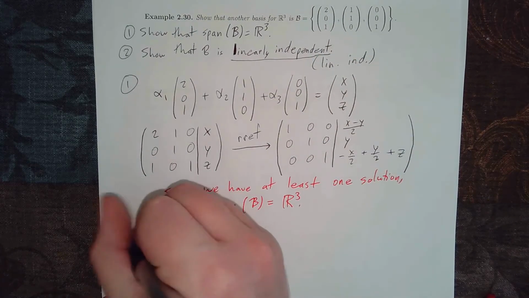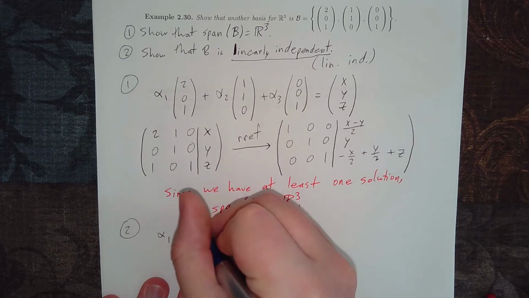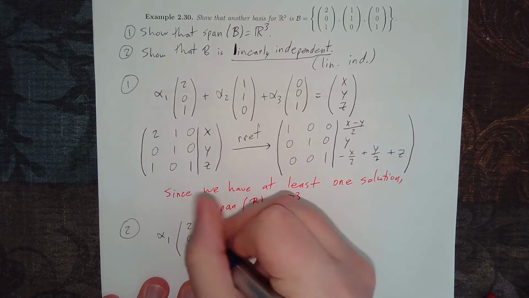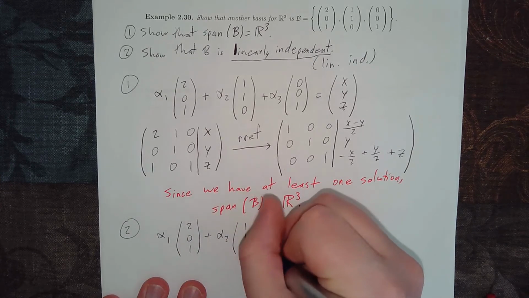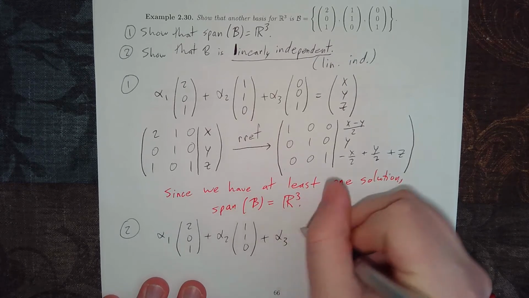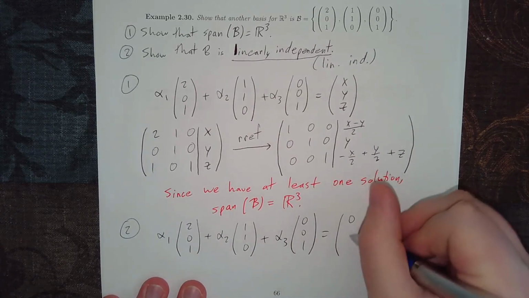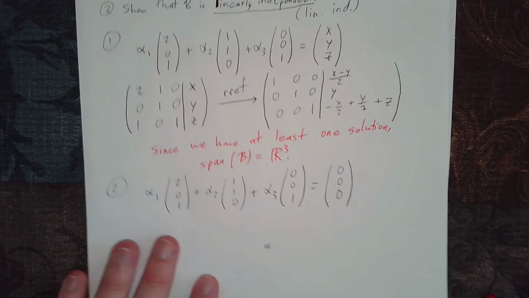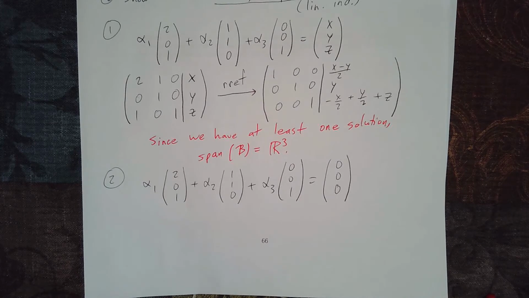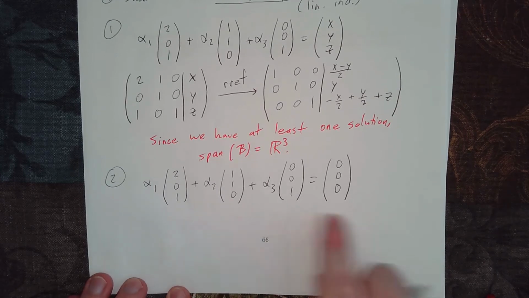And so now, for linear independence, we're doing the same thing: alpha 1 times (2, 0, 1), plus alpha 2 times (1, 1, 0), plus alpha 3 times (0, 0, 1). But now we're setting it equal to (0, 0, 0). Now remember, in order for us to end up with something that is linearly independent, we need to make sure we only get one solution to this problem.